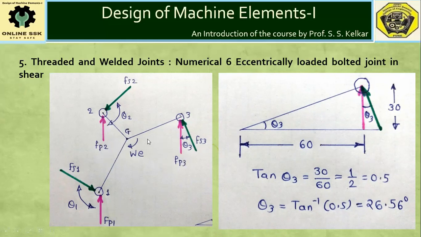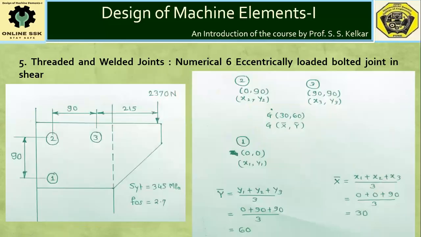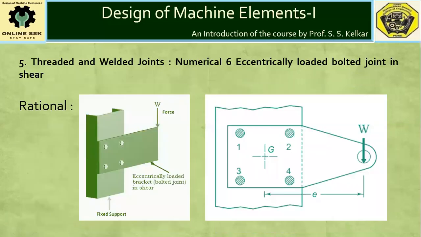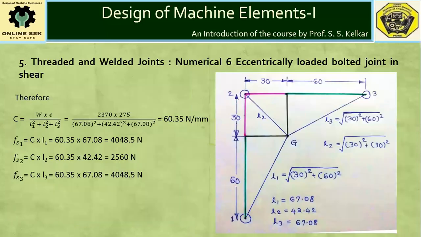Now, secondary forces will act in such a direction as to cause rotation of the bracket opposite to the sense of rotation caused by the applied load. One can note that this applied load, 2370, will cause clockwise movement of the bracket. So the secondary force is to be shown in such a sense as to cause anti-clockwise movement of the bracket.